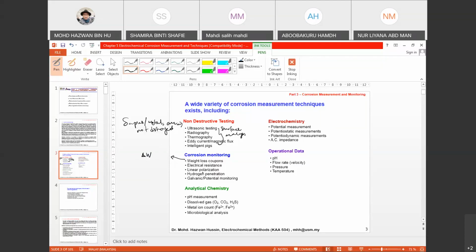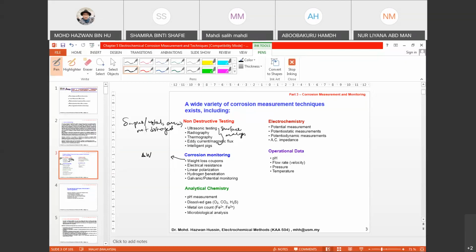The electrical resistance method measures the resistance of the metals. Linear polarization is also another technique that we have seen. It measures the overpotential to study the behavior of the current at different overpotential values.